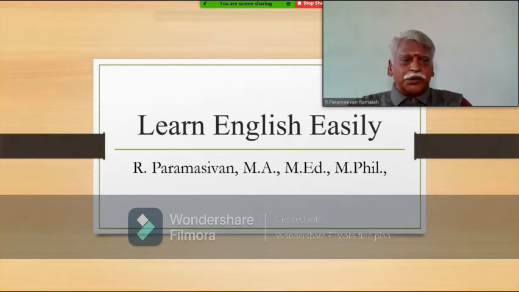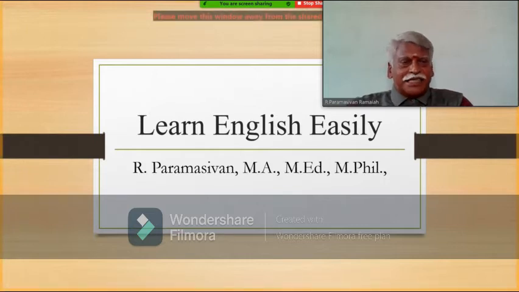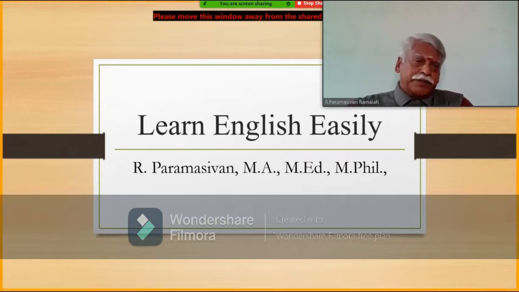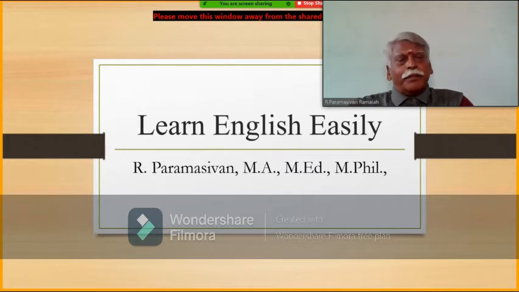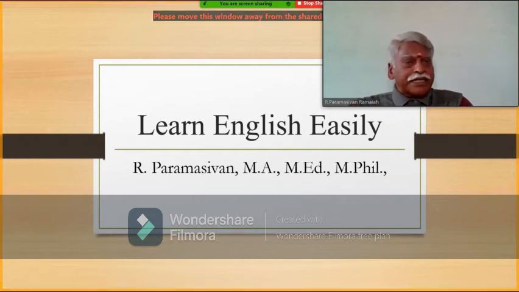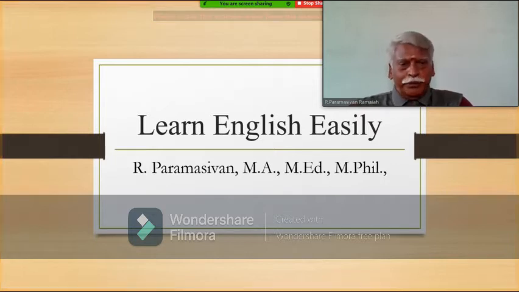Today we are going to see only a small unit, transitive and intransitive verbs. We all know how to identify an object in a sentence by asking the questions whom and what. If you ask the verb whom and what, if the object is a human being or a person, then we have to use whom.